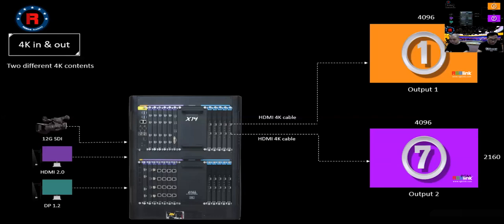Because the HDMI 2.0 outputs are independent, you can use two HDMI 2.0 outputs to show different 4K contents. And if we use two outputs to space the 4K 2K contents, what will happen? Let's check the effect.